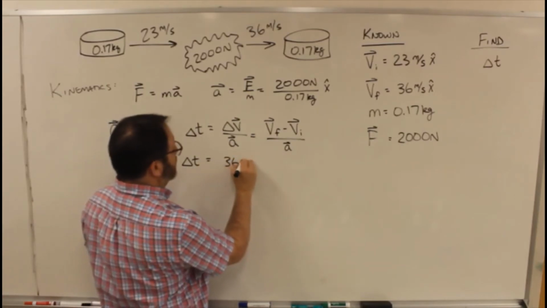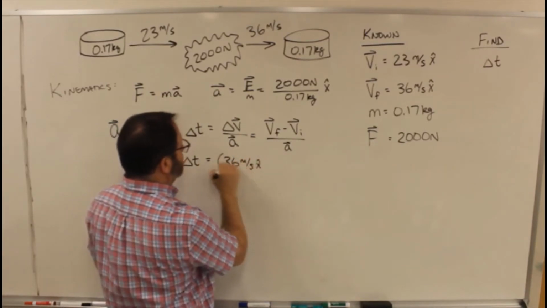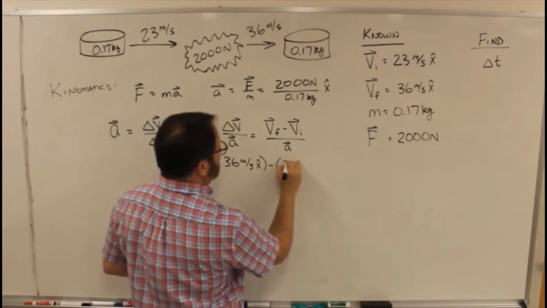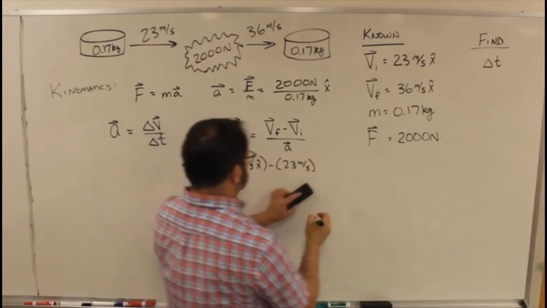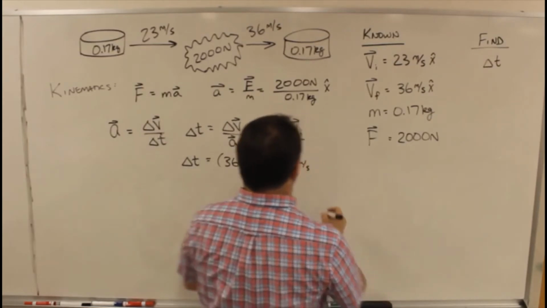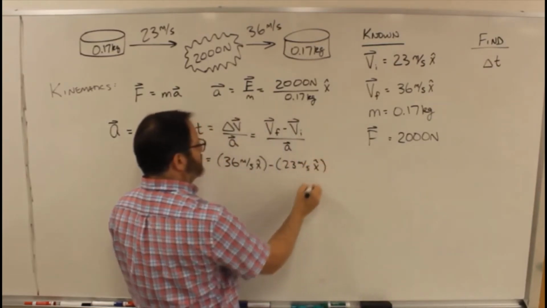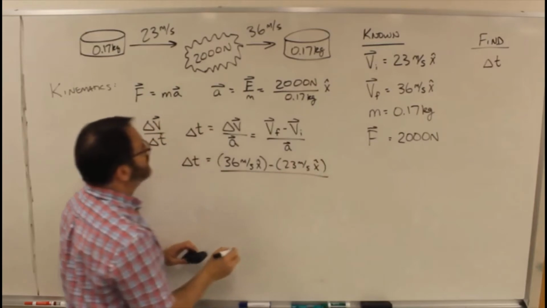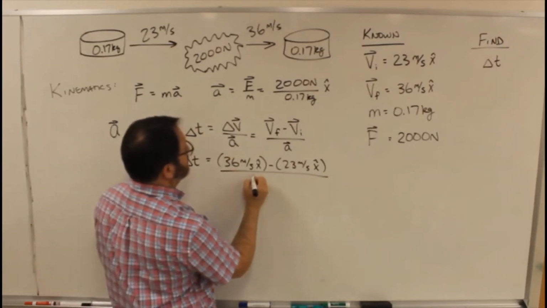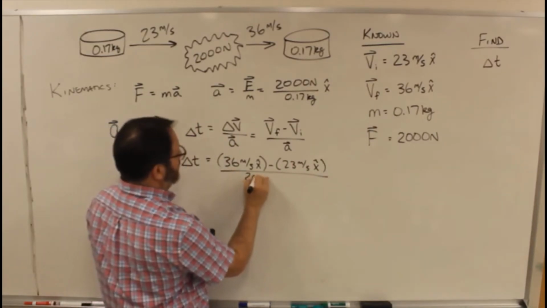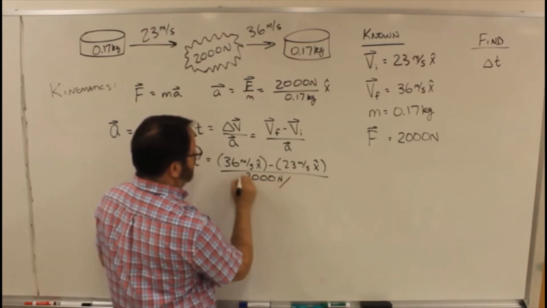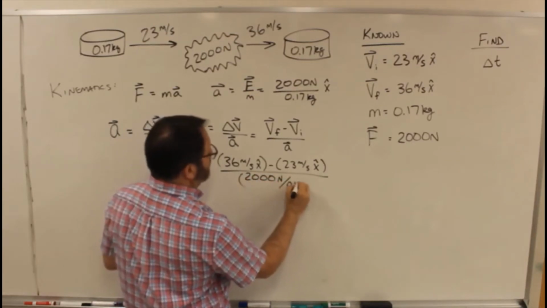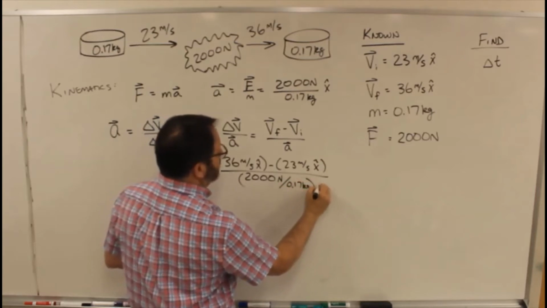36 meters per second in the x direction minus 23 meters per second in the x direction, over a, which is 2,000 newtons over 0.17 kg, also in the x direction.